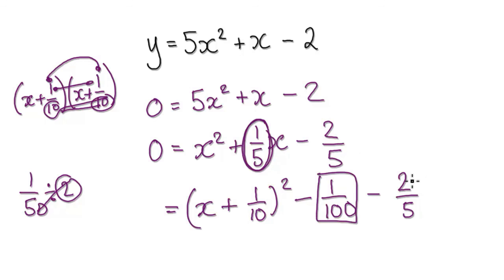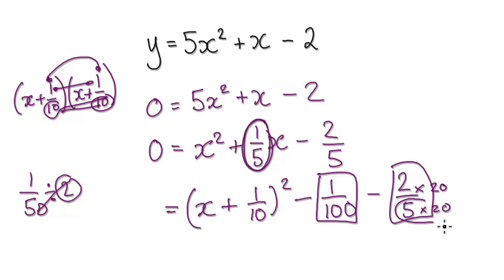So single number, we want to merge these two together, but we can only merge fractions when the two denominators are the same. So here we've got to times top and bottom by 20, just to get the two denominators to be the same.